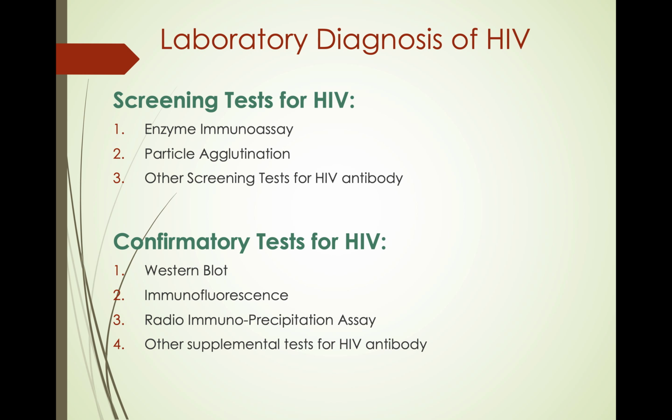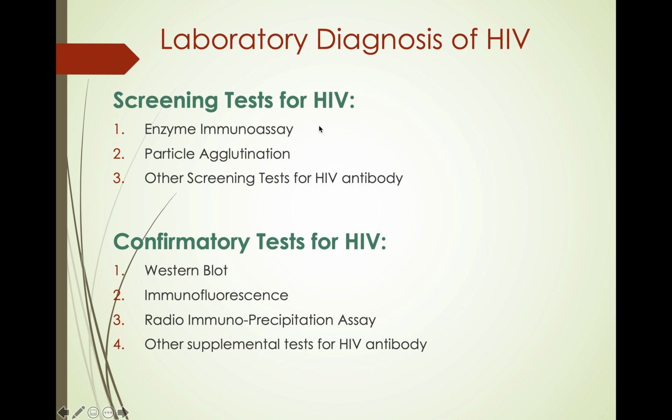So going back again, reviewing for screening test, your screening test should always have a high sensitivity and a high negative predictive value. At the same time, your confirmatory test should always have high specificity and high positive predictive value.